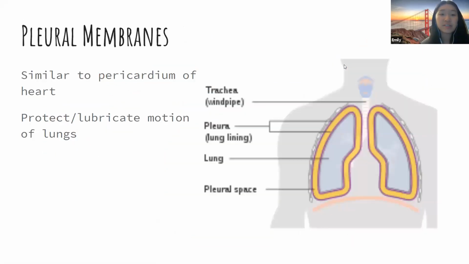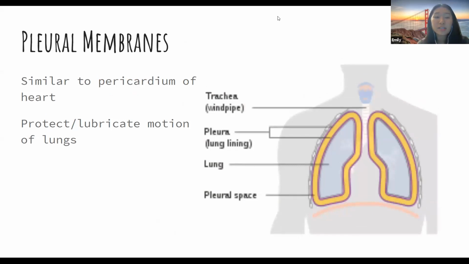And to go backwards a little bit, now that we've talked about how this actually works, we can also talk about some of the structures around the lungs that are not directly involved in gas exchange, but are really important nonetheless. Pleural membranes. So if you remember from last week, we talked about how the heart has this membrane called the pericardium.